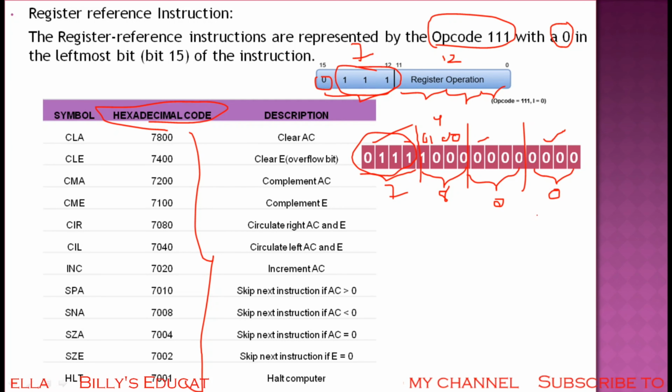So there are 16 instructions, I think. No, there are 12 instructions in this register reference instruction set. You may understand it very clearly by understanding these table values.